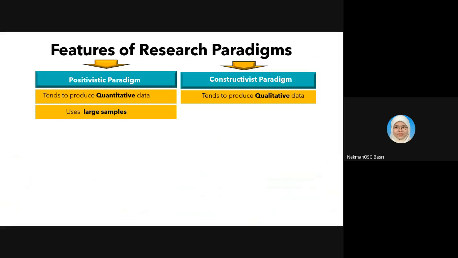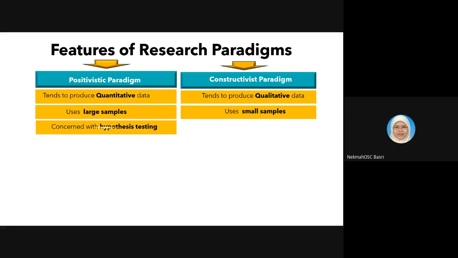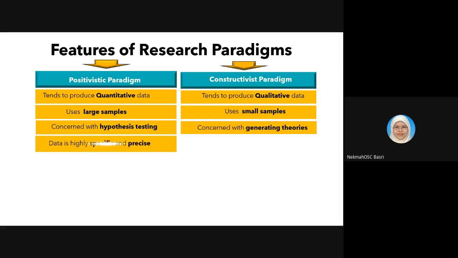And then for the positivism paradigm, we use a large sample, while for the constructivist paradigm, we use a small sample. Talking about quantitative, we test the hypothesis, compared to the qualitative, where we build the hypothesis with concern for generating theories.